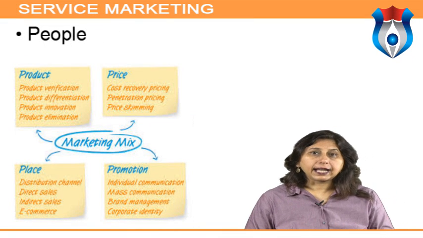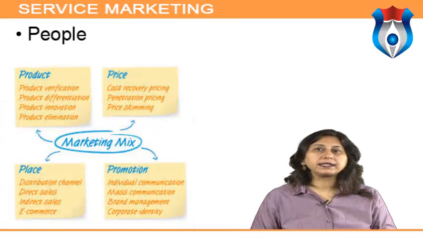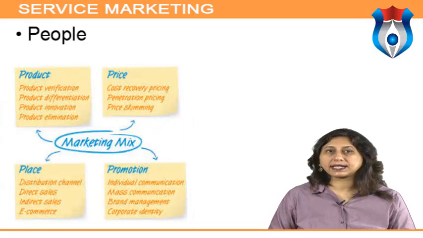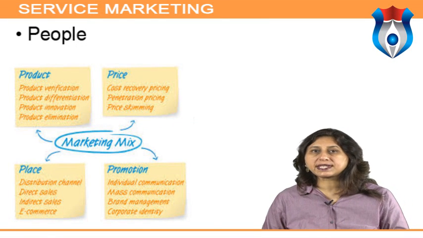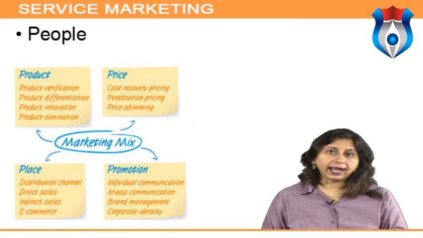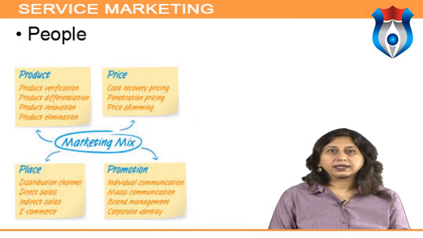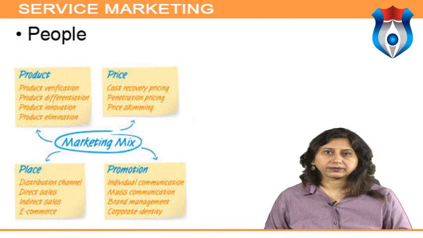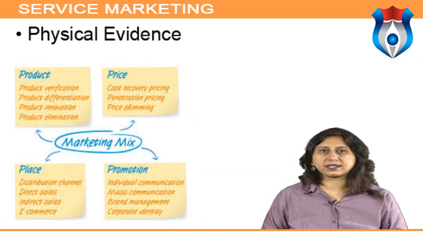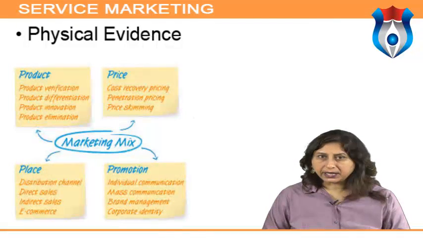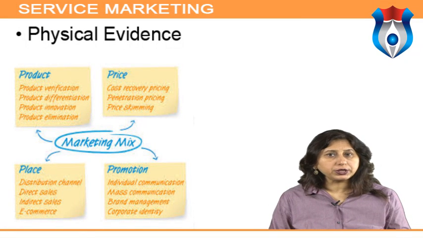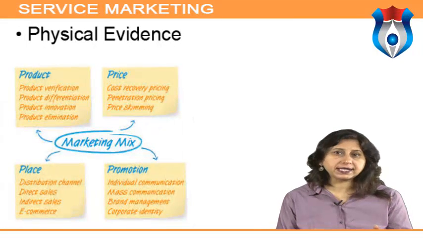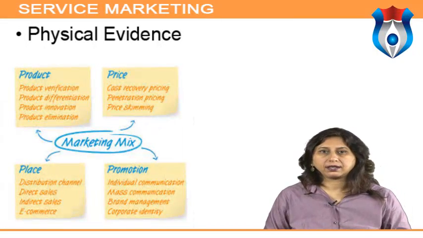People. They are the staff who occupy the key position in influencing customers' perceptions of product quality because of the simultaneity of production and consumption in services. Physical evidence. It is the environment in which the service is delivered and any tangible goods that facilitate the performance and communication of the service.